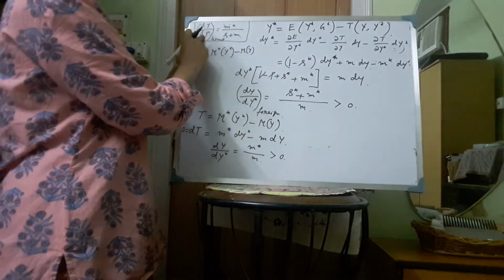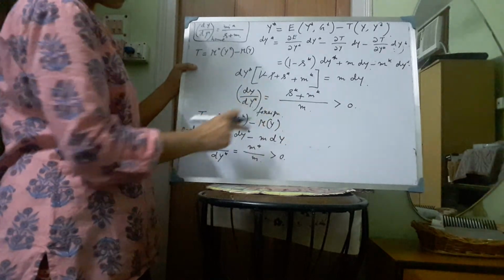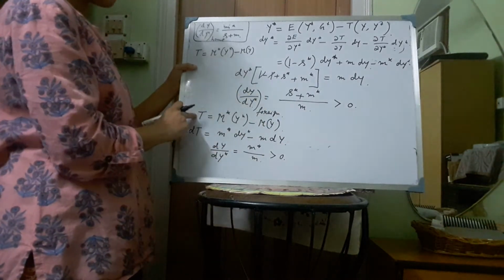So we have got this dy by dy star for the home country, dy by dy star for the foreign country, and this dy by dy star we are getting from the trade balance.